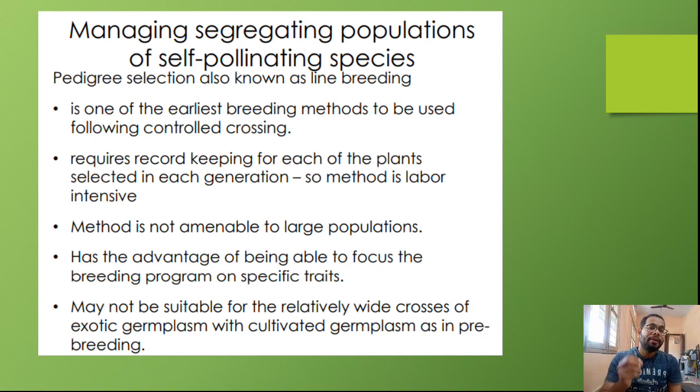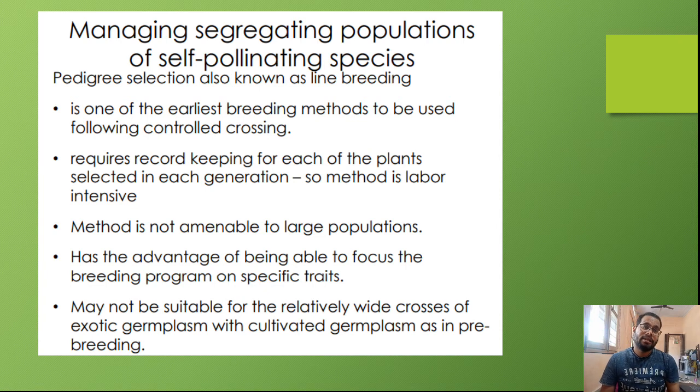If you are doing breeding for disease resistance or for quality traits, this method uses only a specific trait. We are not going to study different traits here in this method. We are totally concentrated on one trait.